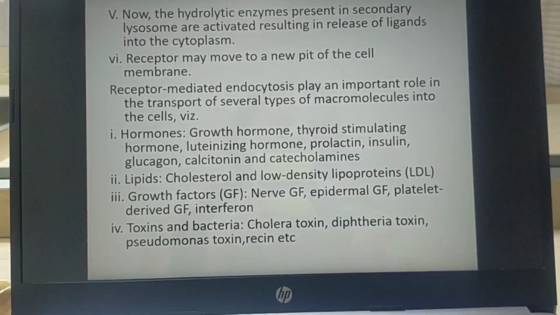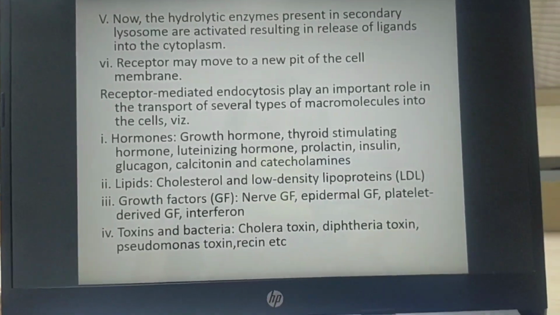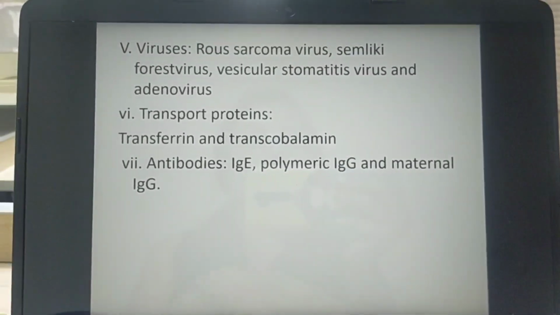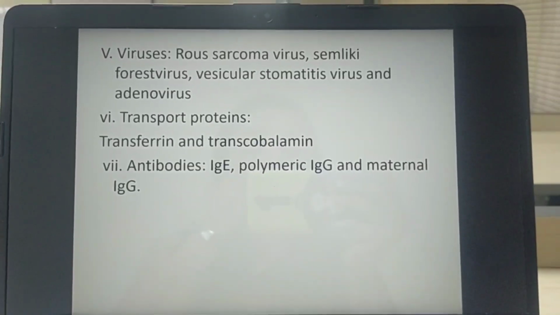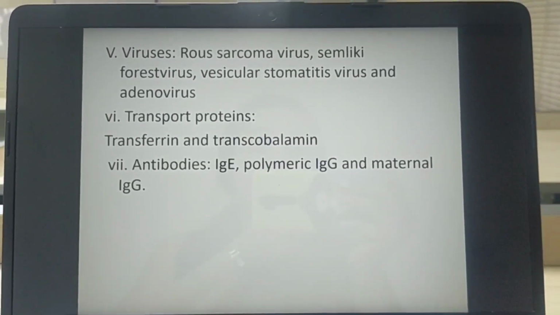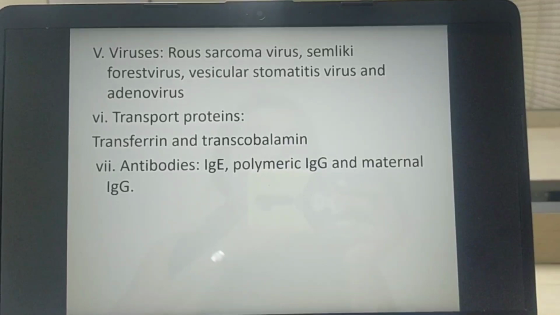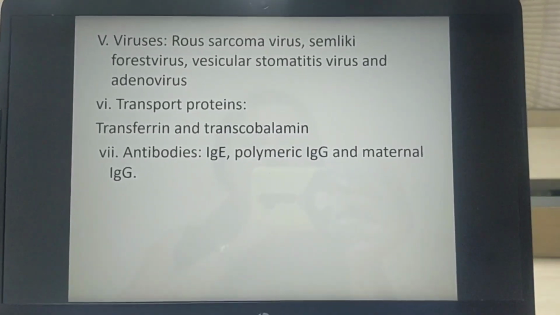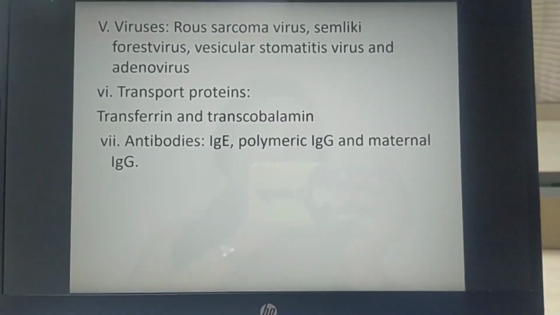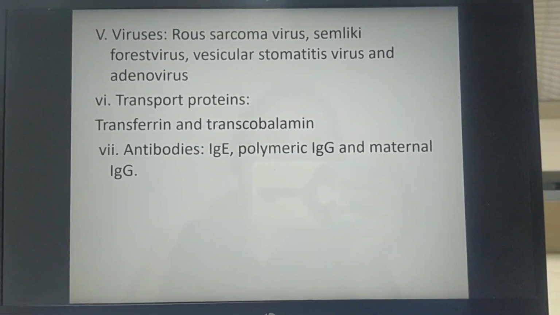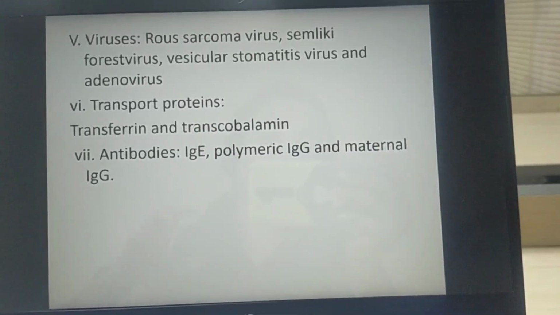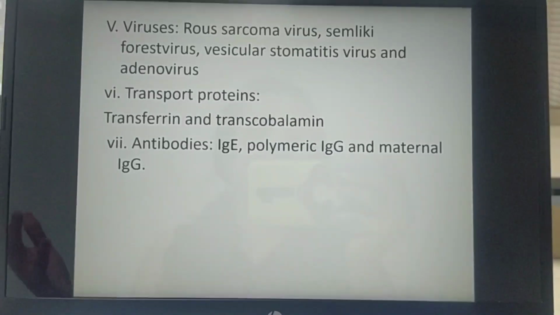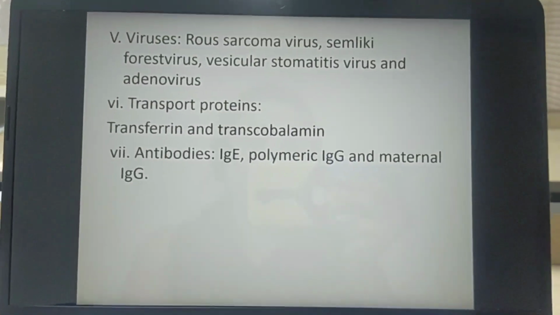And toxins and bacteria like cholera toxin, diphtheria toxin, pseudomonas toxins, and ricin, etc. Viruses like Rous sarcoma virus, Semliki Forest virus, vesicular stomatitis virus, and adenovirus. And transport proteins like transferrin and transcobalamin. And then there are antibodies, IgE, IgG, polymeric IgG, and maternal IgG.